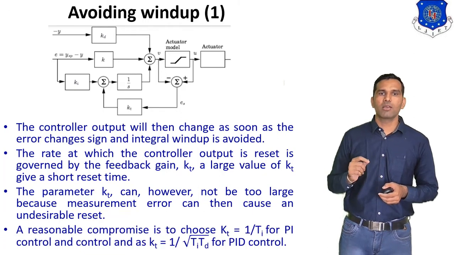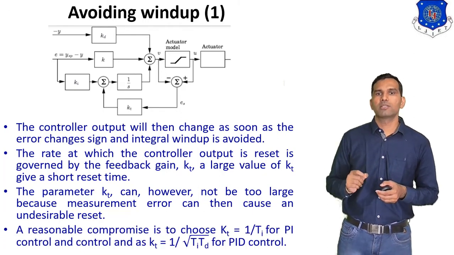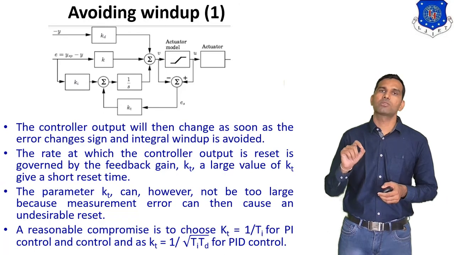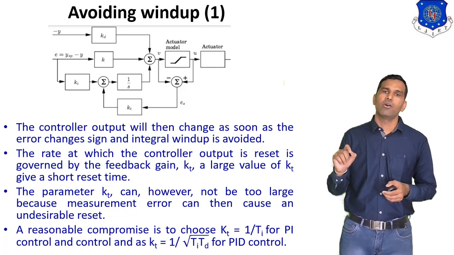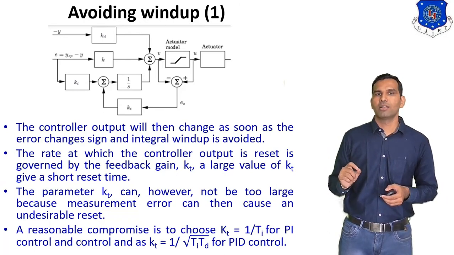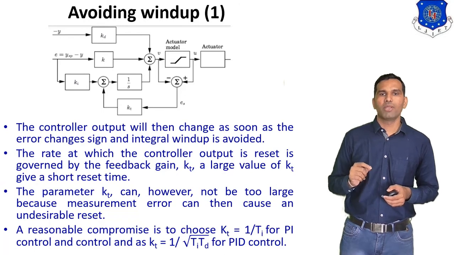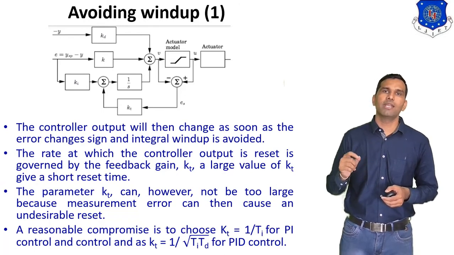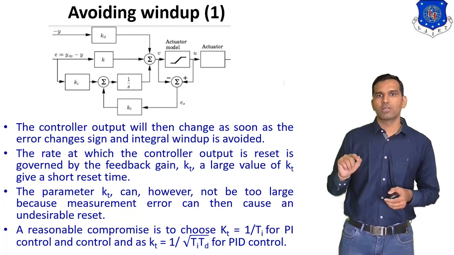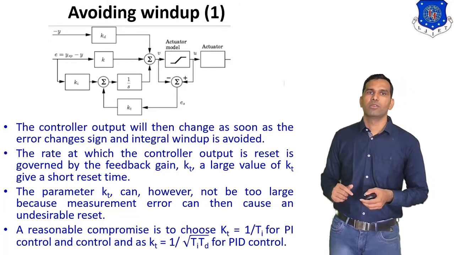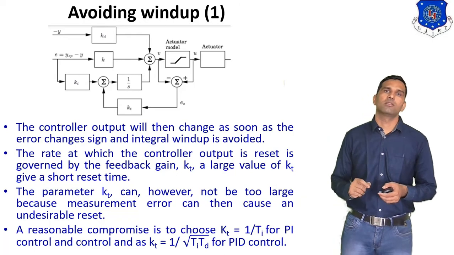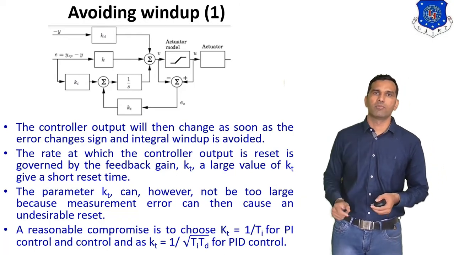A reasonable compromise is to choose KT equal to 1 upon Ti for the PI controller, or for the PID controller we can choose KT equal to 1 upon square root of Ti. So this is the first anti-windup system.